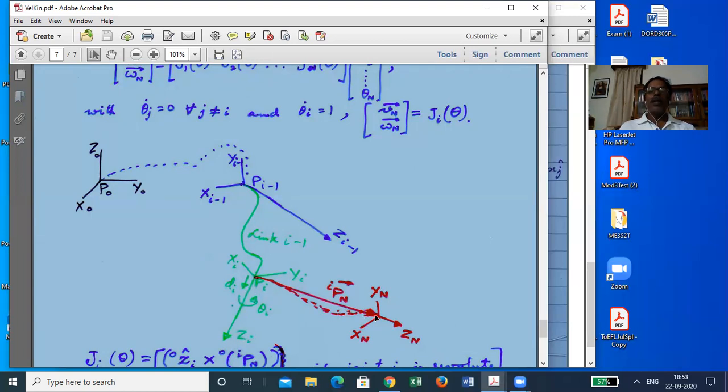That will be this angular velocity omega cross this vector if it is a revolute joint, or simply this motion if it is a prismatic joint.